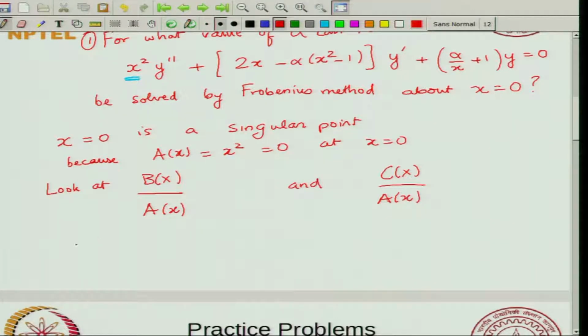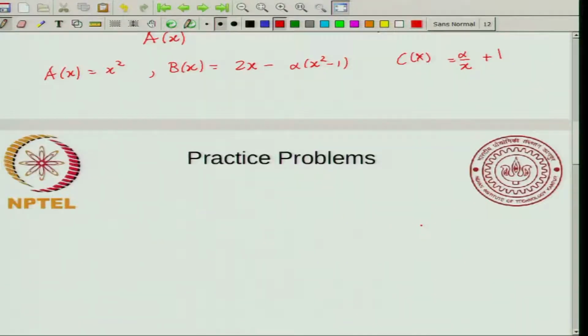So let me write that a of x equals x square, b of x is equal to 2x minus alpha x square minus 1, and c of x is equal to alpha by x plus 1. Suppose I look at b of x divided by a of x.